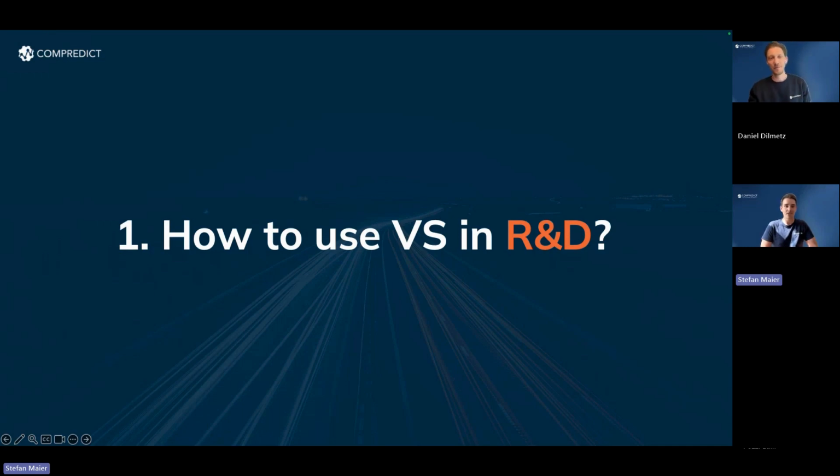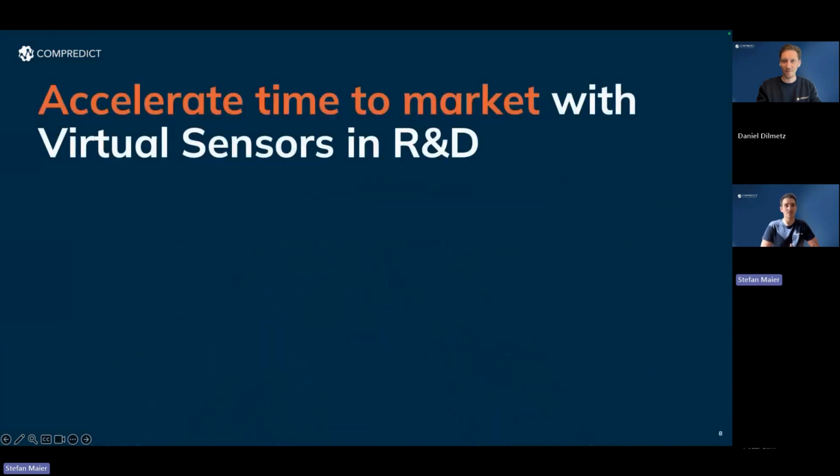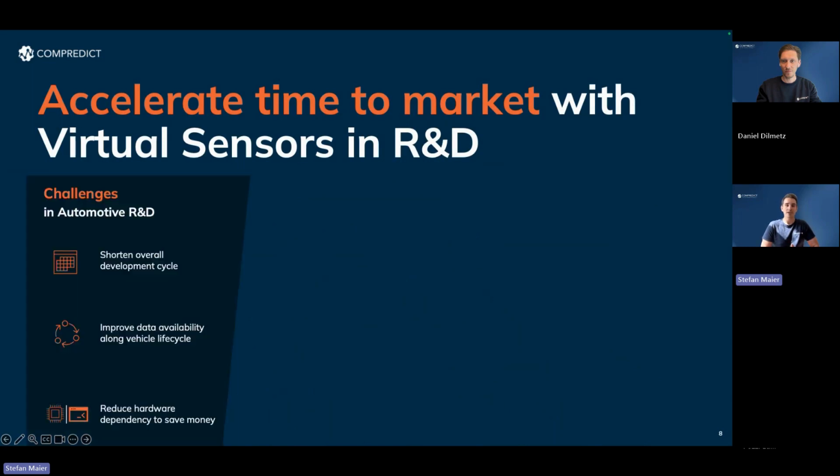Our first agenda point is really how to use virtual sensors in R&D. But before we start on how to use them, I will have a few words on why you should use virtual sensors in your automotive R&D. When we have a look at the current automotive R&D environment, we noted 3 major challenges. Of course, as you all know, nowadays development cycles are normally up to 3 to 5 years.